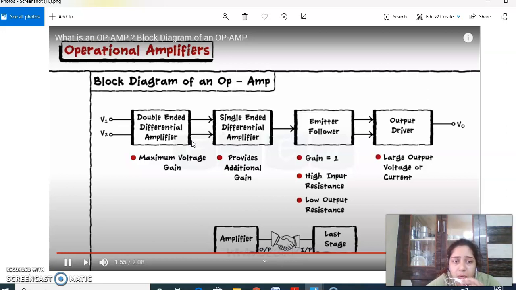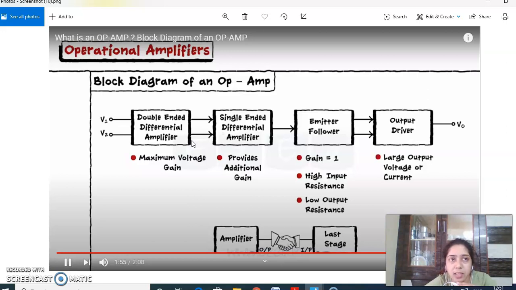One more thing, I think you have an idea about transistor configurations: common base, common collector, and common emitter. Out of the three, here we have chosen the emitter follower. The other name for the common collector configuration is the emitter follower.